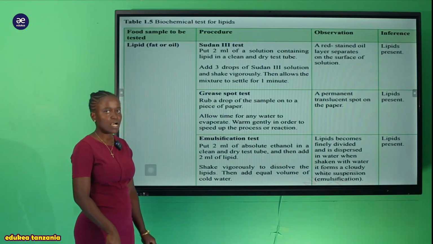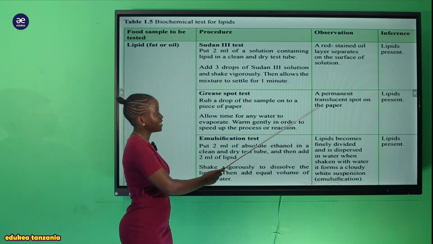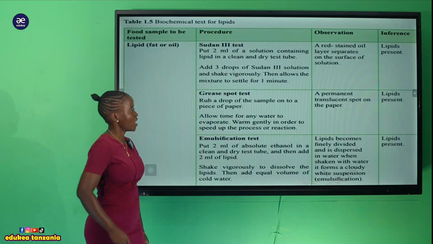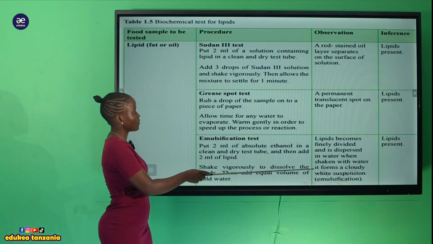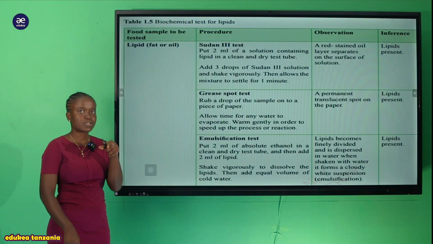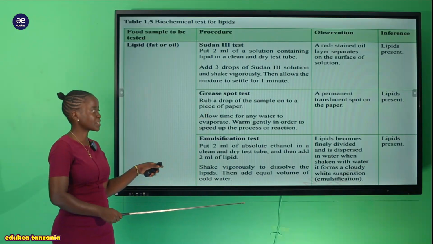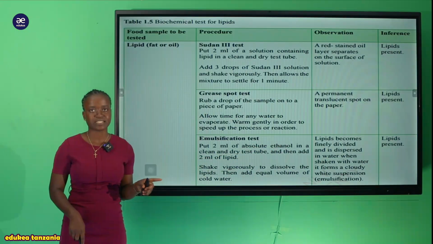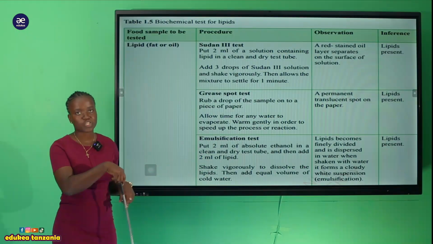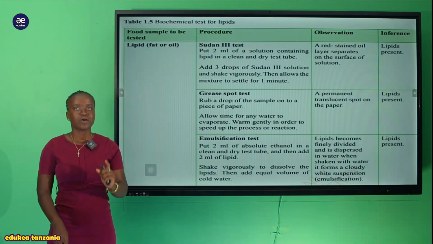What you can observe after doing that is that the lipid becomes finely divided and dispersed in the water, and when shaken with water, it forms a cloudy white suspension. If you see that cloudy white suspension in your sample, then you will know that lipid is present. If you do not see this observation, know that the lipids are absent in your sample or solution.